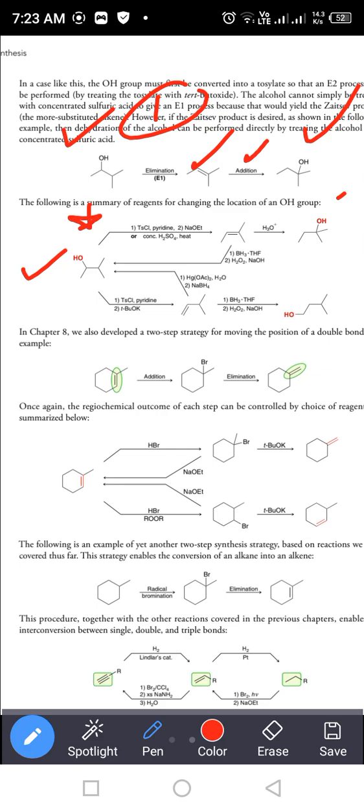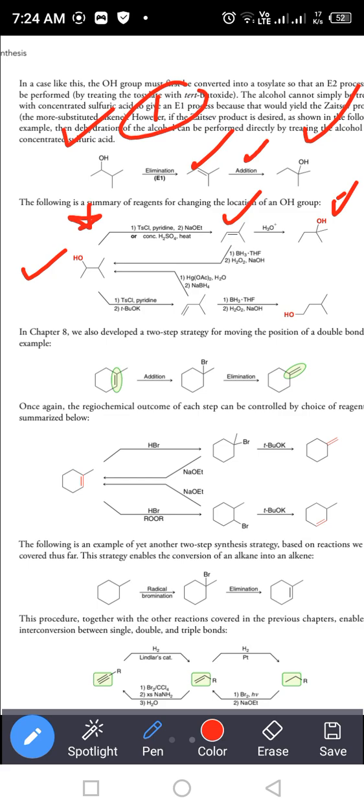The E2 reaction definitely gives an alkene, and when we have the alkene, just add water in the presence of acid. So water is added through Markovnikov addition. Then we have the tertiary alcohol. The OH group changes its position from a secondary to a tertiary carbon.